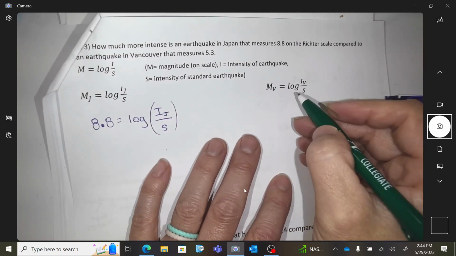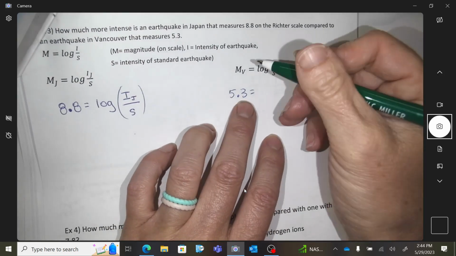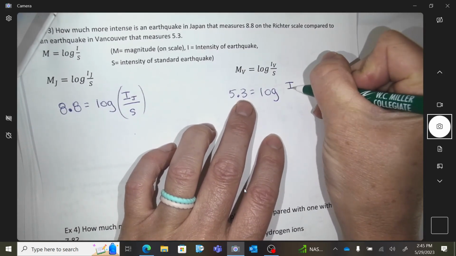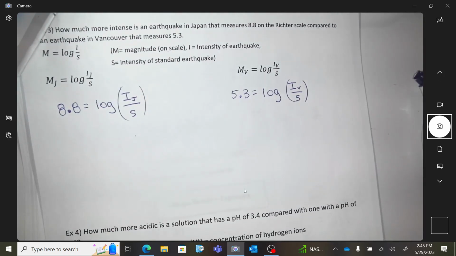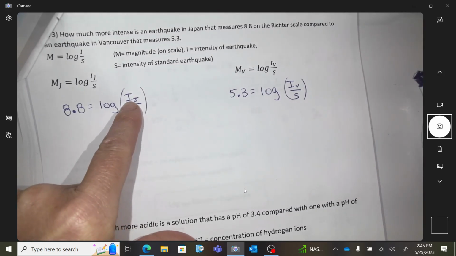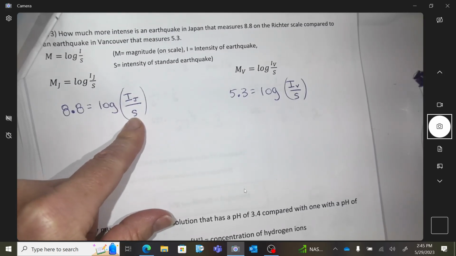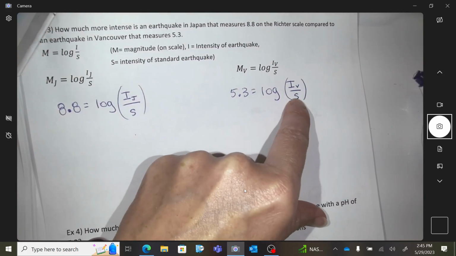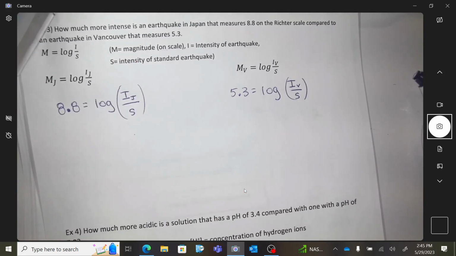Okay, Vancouver, the magnitude is 5.3, equals log of the intensity of Vancouver's over the standard. So your variables here are intensity of the earthquake. S is just the standard earthquake, which I don't know. Intensity of the Vancouver over the standard. Okay, what format is this in? Logarithmic. What are you going to do if you're in log?